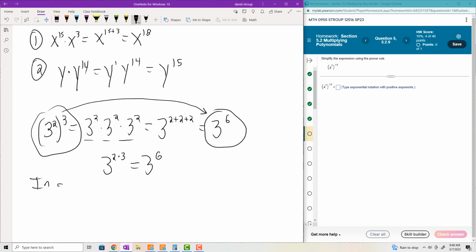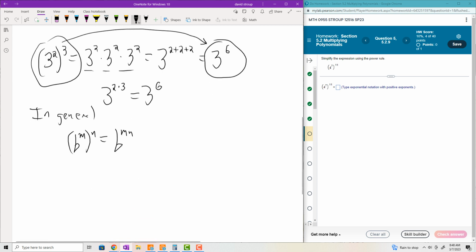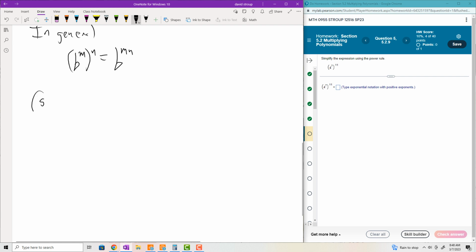So in general, if you see those parentheses, with something like b to the m raised to the nth power, all you have to do is multiply the exponents. You get b to the m times n. So in problem number 5, you have 4 to the 7th to the 11th. That'll be 4 to the 77th power, which is a huge number.